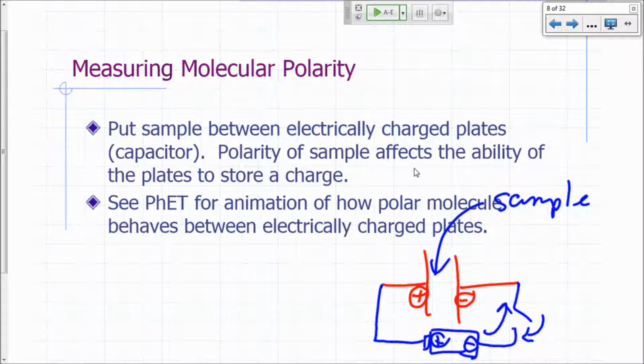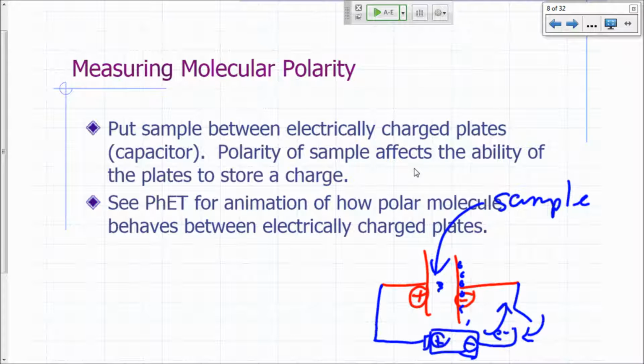But because of the gap between the two plates, the current flow is just temporary. It will flow for a little bit and then stop. There's a limit to how many electrons can be stored here.